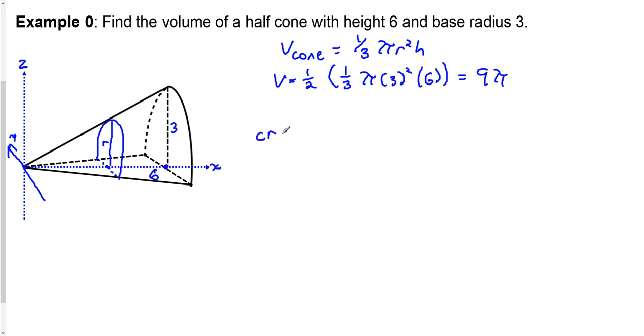So that's the first thing: our cross section is a semicircle, and it has a radius r. We don't know what r is yet, so we'll just leave it as r. And it's perpendicular to the x-axis.